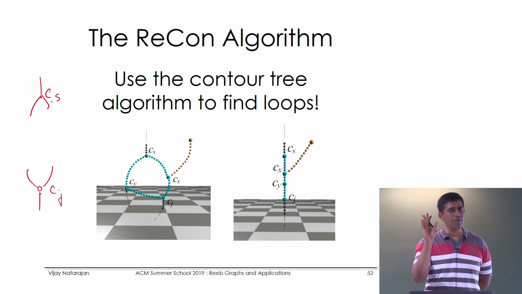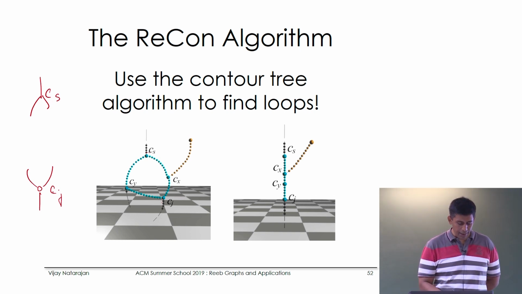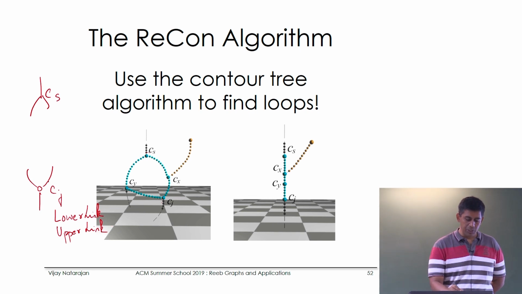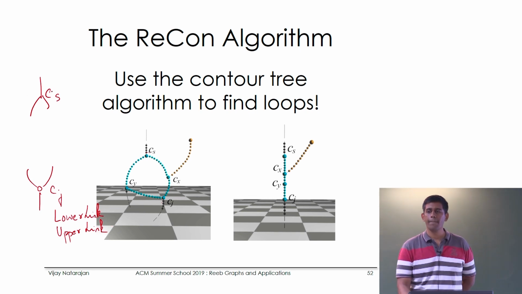I go look at every point. I can look at the lower link, upper link. From that I know whether I am C sub j or C sub s, right? I know that, okay.